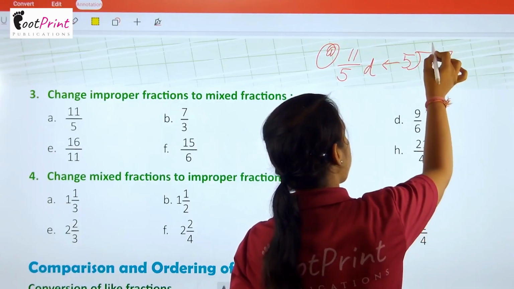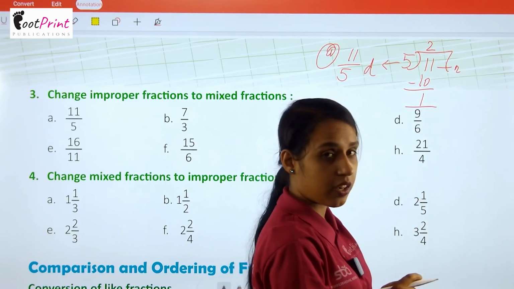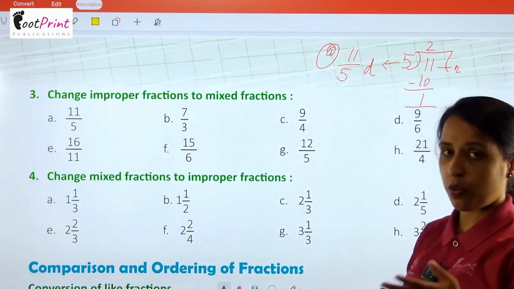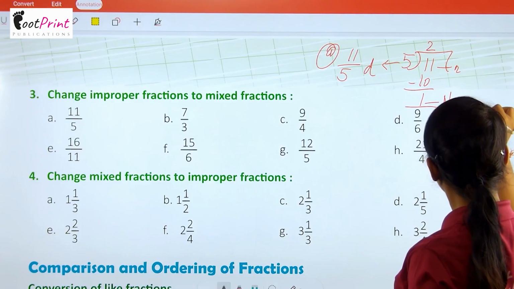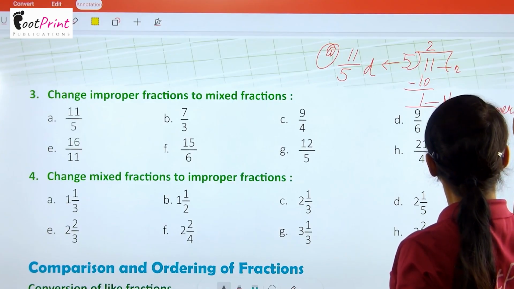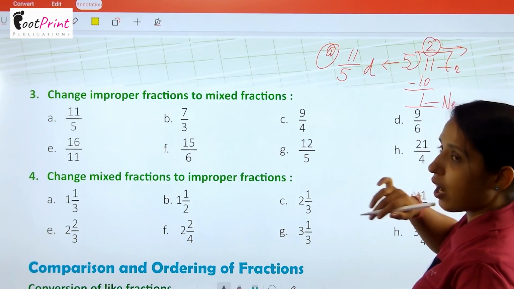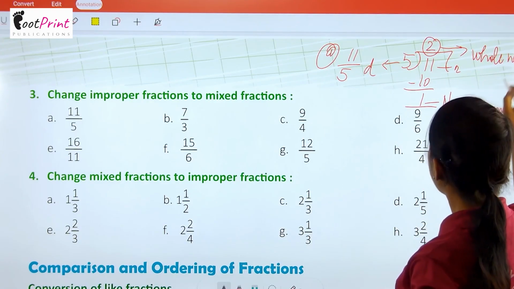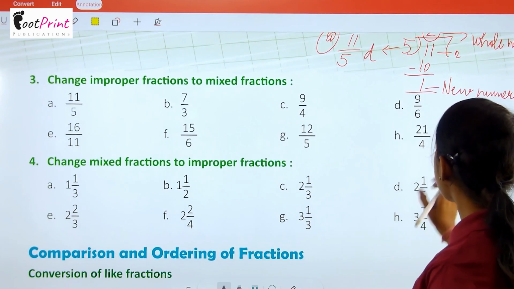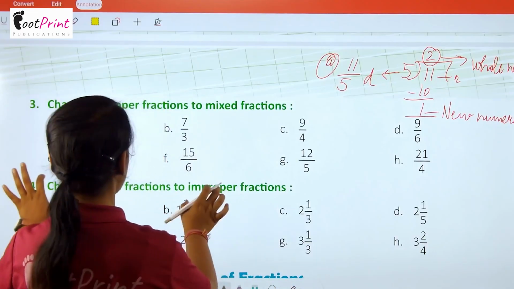So here 5 twos are 10, what we will get, 1. So 1 is our remainder, and we know that remainder will become our new numerator. Okay, and 2 is our quotient, that will become our whole number. Yes, so here we can write 11 by 5 as a mixed fraction.